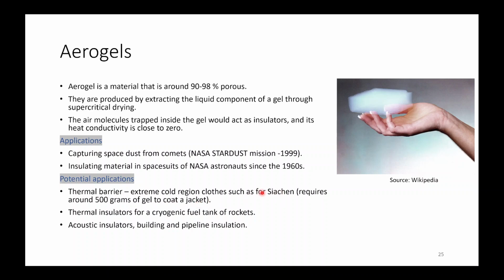So these are very light and also providing some heat insulation. And thermal insulators for cryogenic fuel tank for rockets, and acoustic insulators, building and pipeline insulation. Soundproofing is also one of the applications of these.